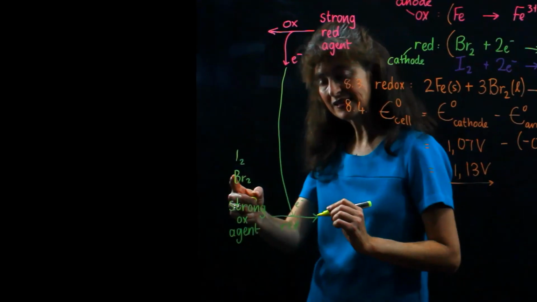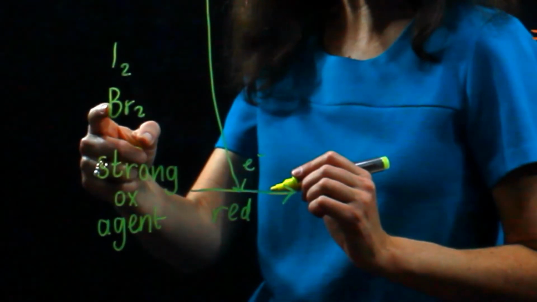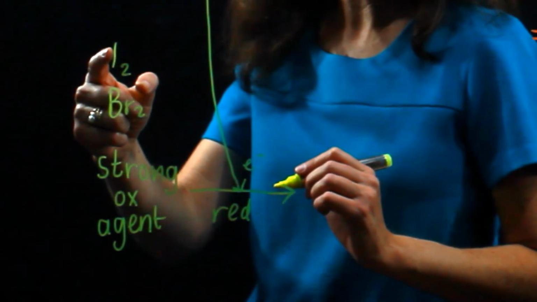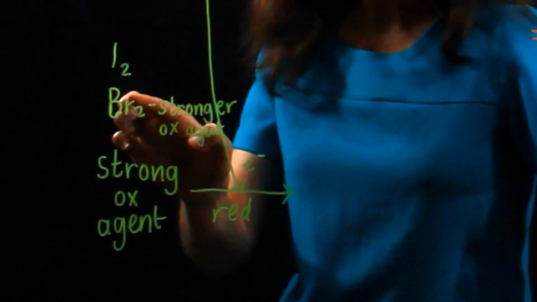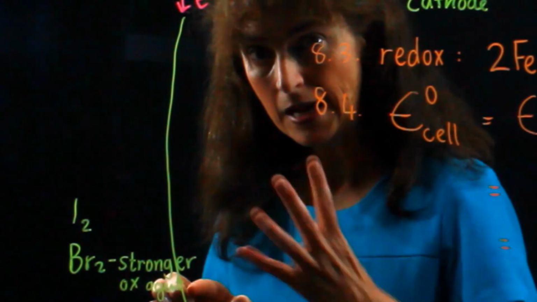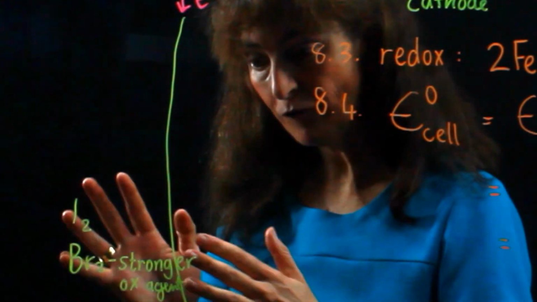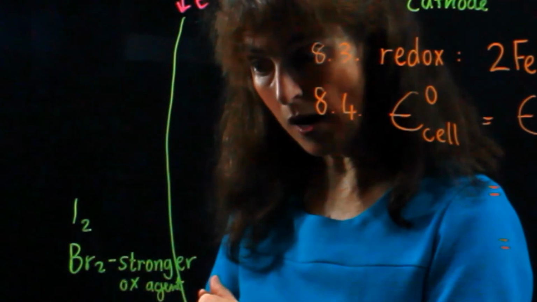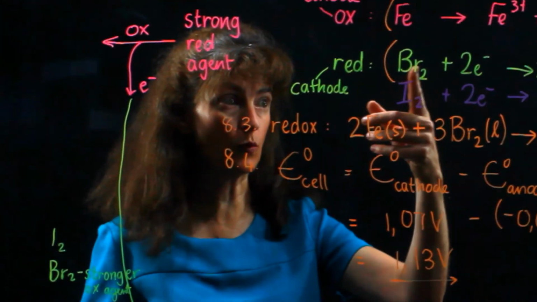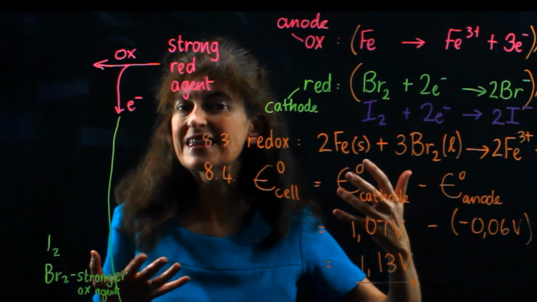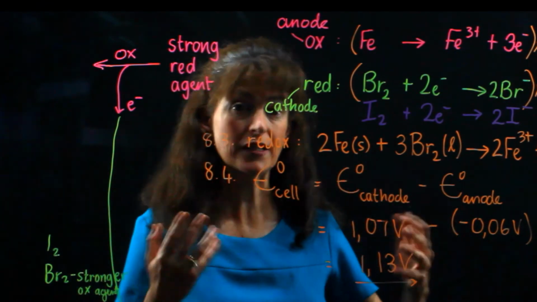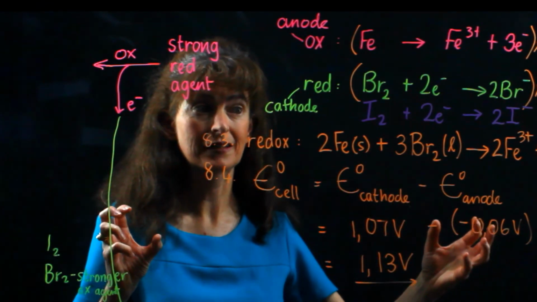And that tells us bromine is a stronger oxidizing agent than iodine. In other words, bromine is more greedy than iodine. So if we take this greedy one away and we put a less greedy one there, then can you see that the potential difference we get is not going to be as great?